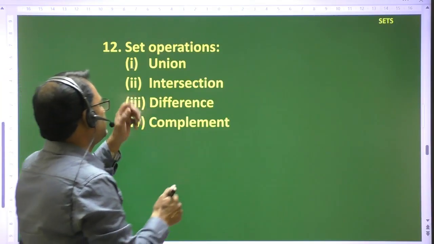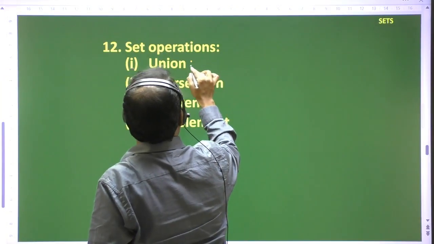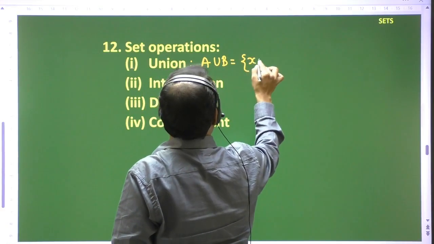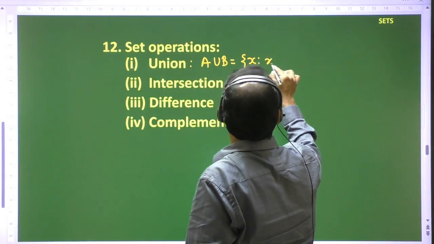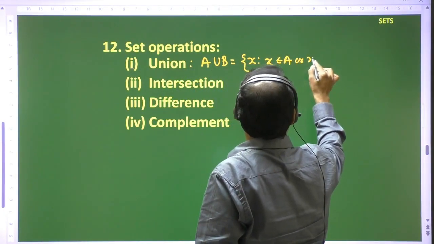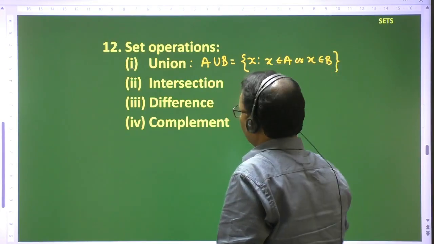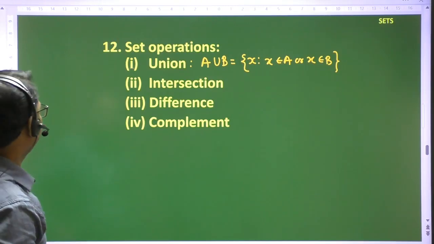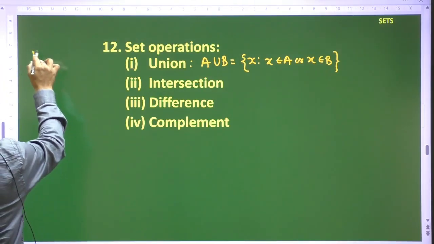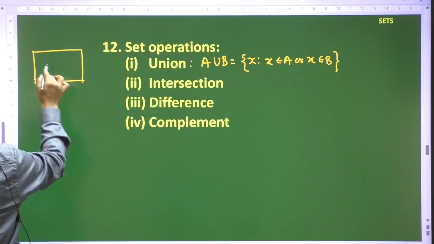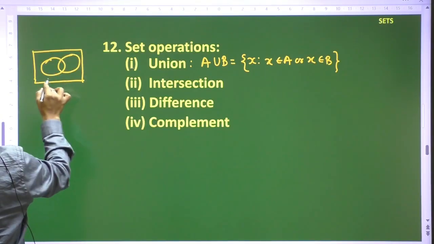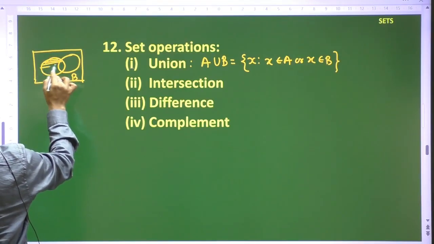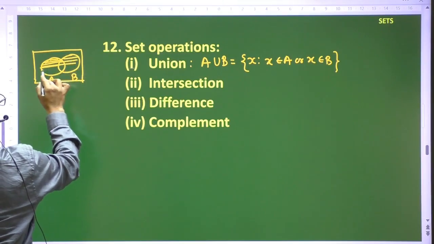Coming to union one by one, using the Venn diagram we can represent the union of sets very easily. What is the meaning of union of two sets? If you take two sets A and B, then A union B is the set of all X such that X belongs to A or X belongs to B. In the diagram, this is the universal set, this is set A and this is set B. So this whole thing is the union.